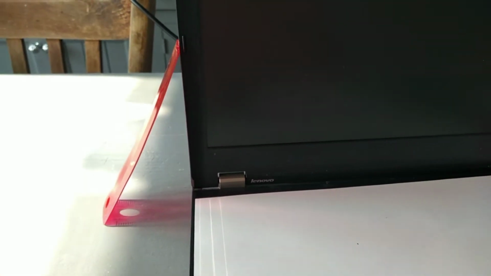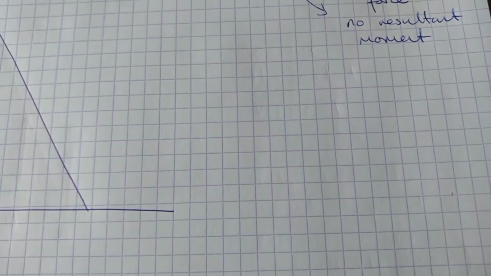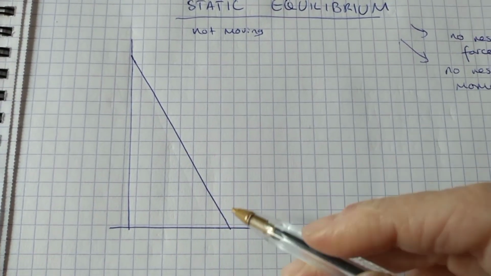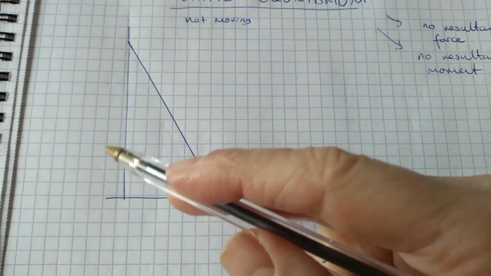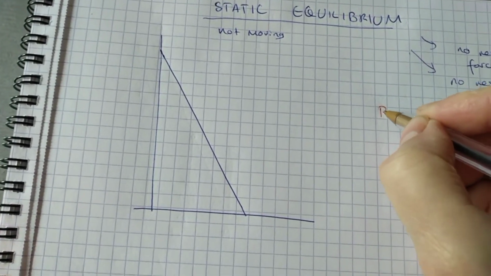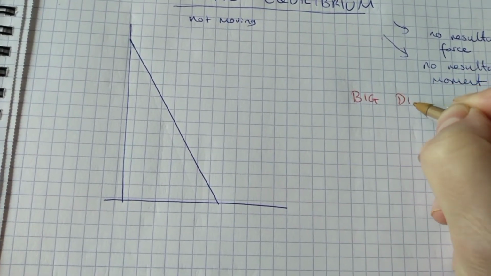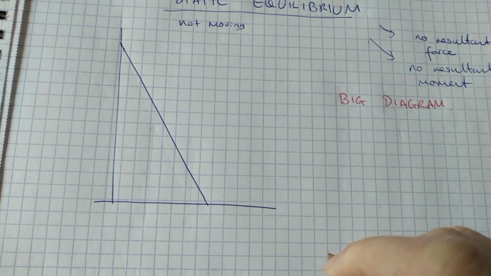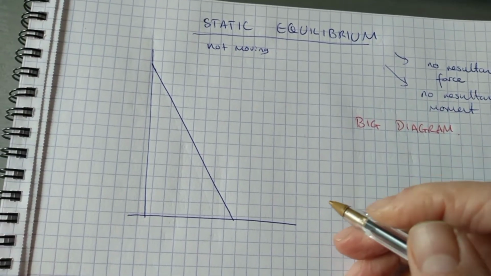So, like I say, this first part we're just going to look at labelling up. Go for a really big diagram, as big as you can, so that you've got lots of space to mark all the forces on. Now, the main force that we can start with on any object is weight. Every ladder will have weight.